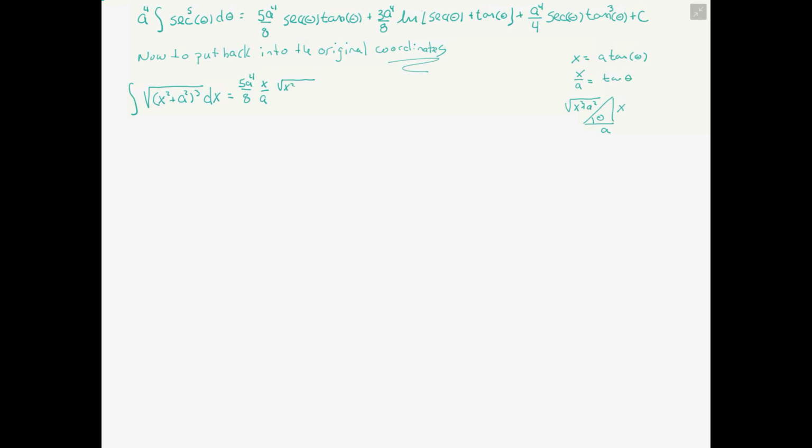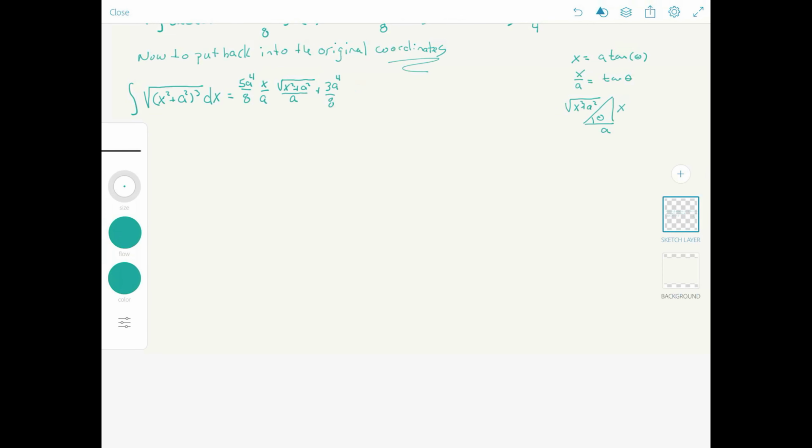I have to write small because I don't have a lot of room. But that's the secant theta. The first x over a is tangent theta. And we have 3/8 a to the fourth natural log of secant theta plus tangent theta.